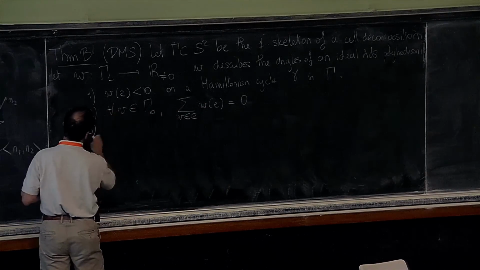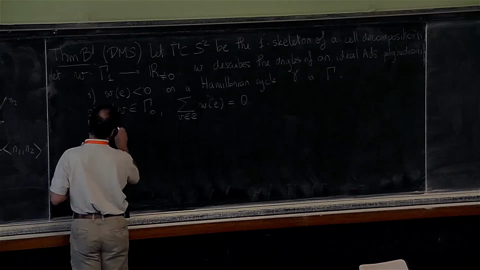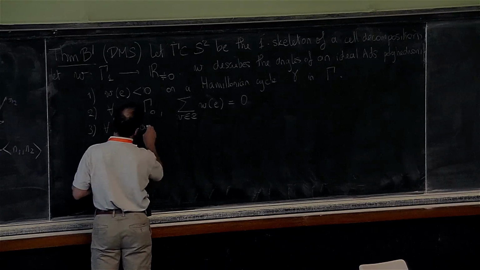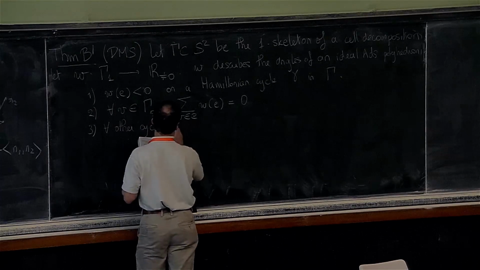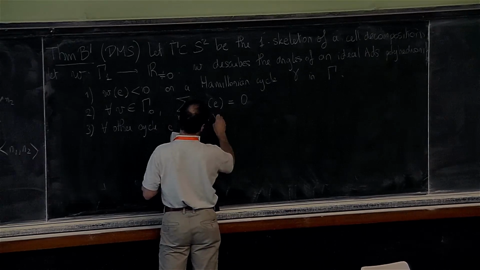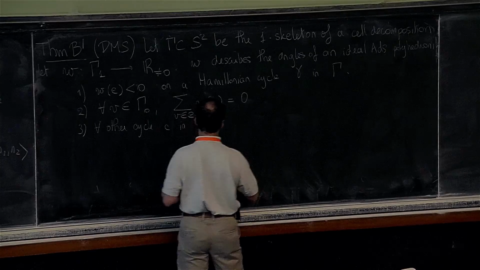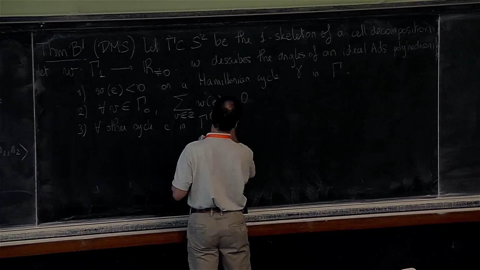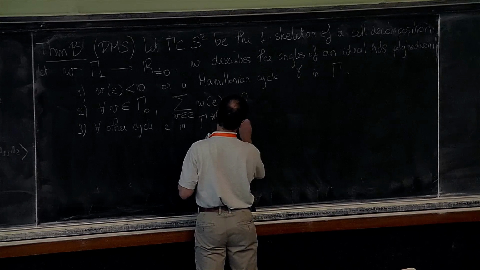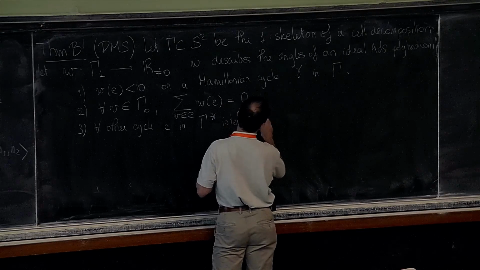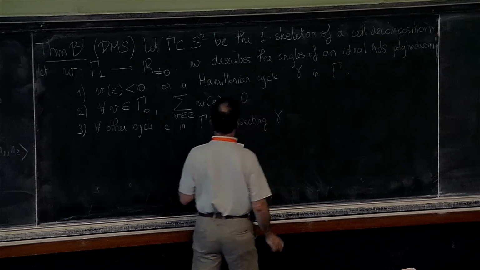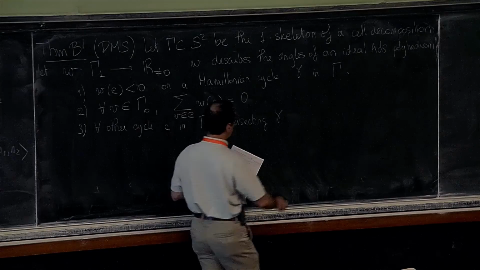And the third condition is that for every other cycle C in gamma star, and I have to add some condition. I don't really know why either, but anyway, I want this to intersect gamma, this Hamiltonian cycle, exactly twice.